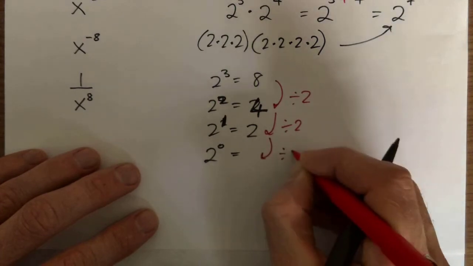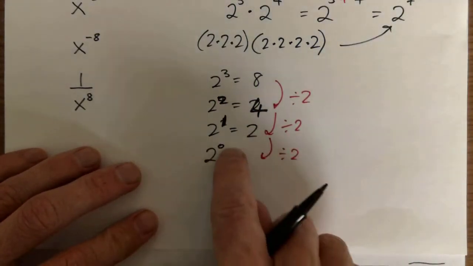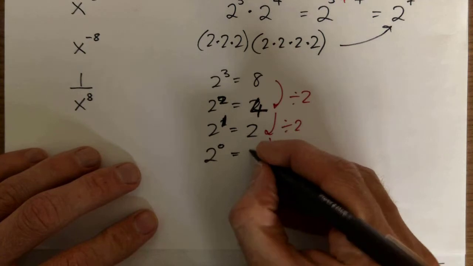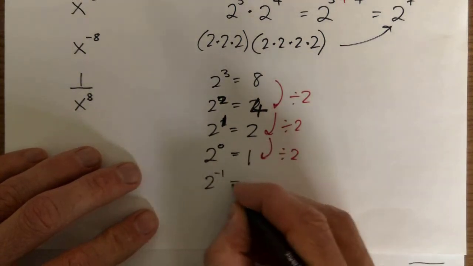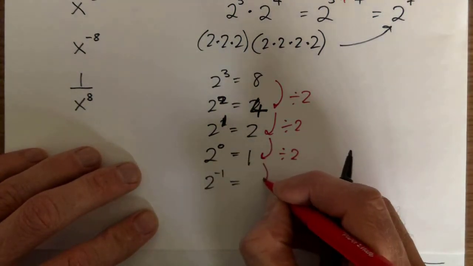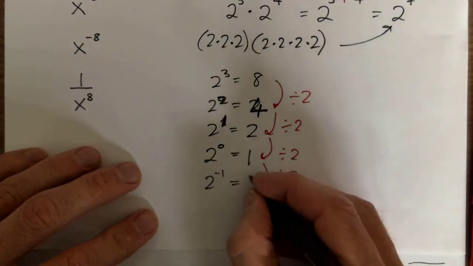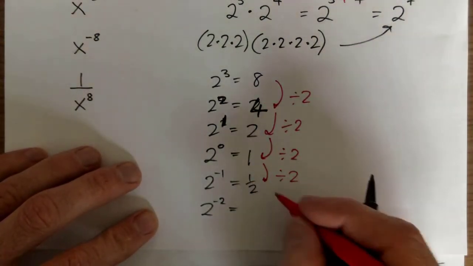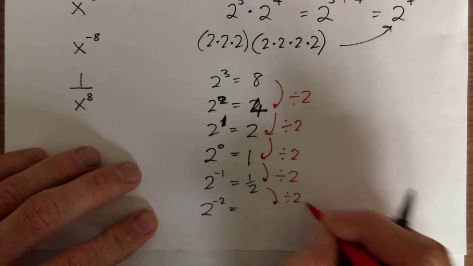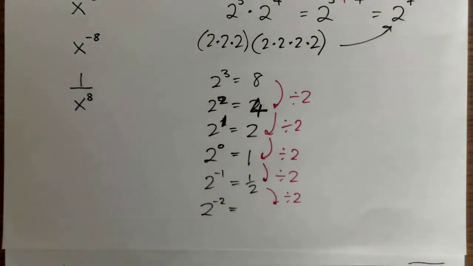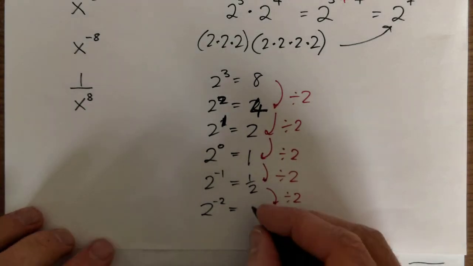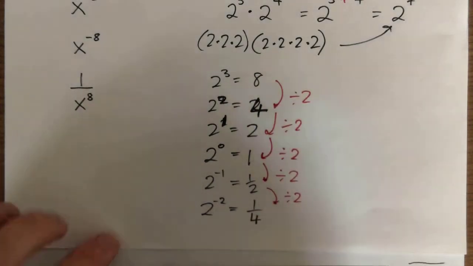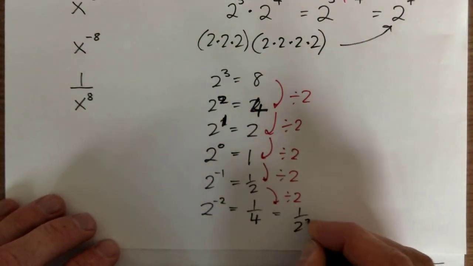Remember that? And so 2 to the power of 0 is actually 2 over 2, which is 1. 2 to the power of negative 1 is 1 over 2, which is 1/2. 2 to the power of negative 2 is 1/2 divided by 2, which is actually a quarter, or 1 over 2 squared, and so on.